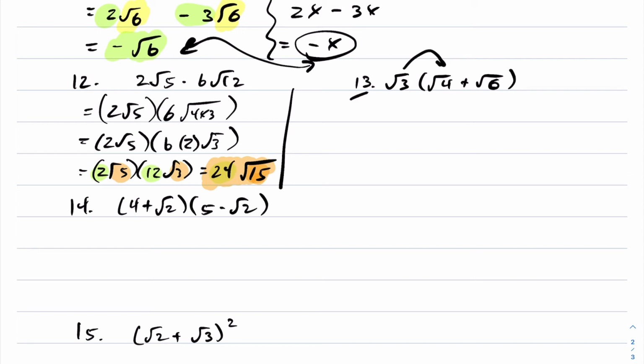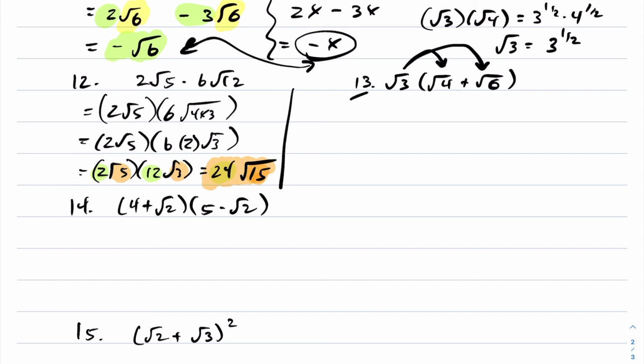Same idea, right? Distribution still works. Now, as a reminder here, the square root of 3 in exponential form is actually 3 to the power of a half. So the reason why when you multiply, like if you were to multiply the root of 3 times the root of 4, that's really 3 to the half times 4 to the half.